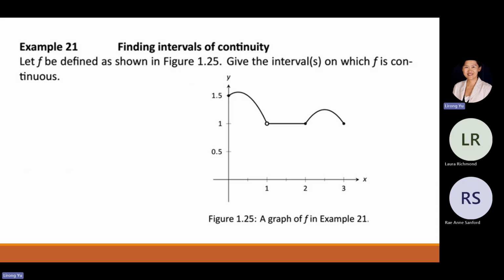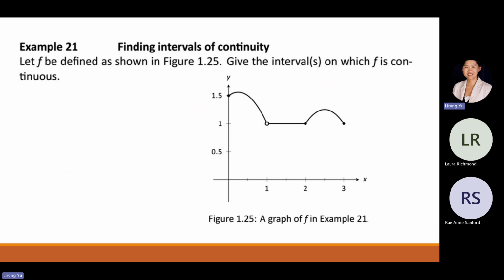For example, let's start from x equals 0, and then we move along the graph. You move all the way until you reach 1. There's an empty spot, and then we're stuck there because there's no function value. We got a discontinuity at that point. But before we reach 1, it was fine, right? Whenever you can go through, you got a continuous function because you have left limit, right limit.